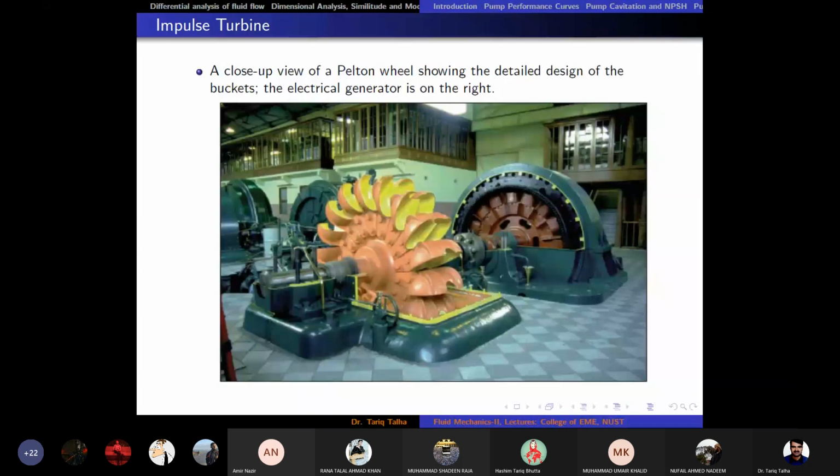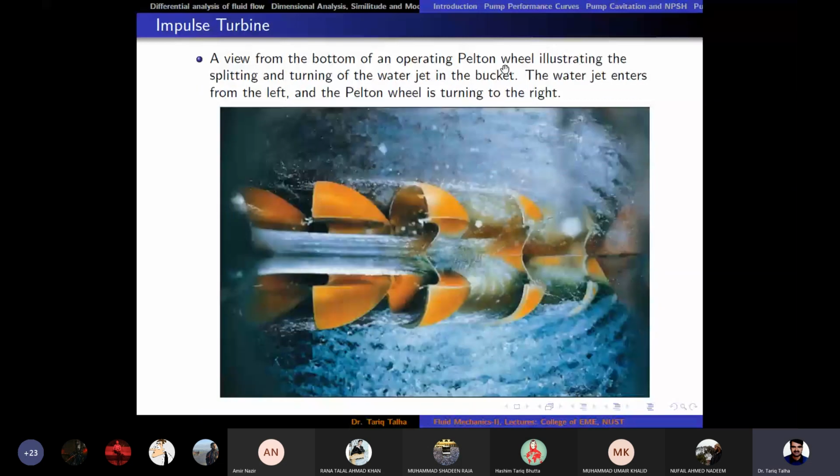This is a close-up view of a Pelton wheel installed in a practical situation. You can see the splitter here very clearly. Then you can also see the cut we are talking about, right? These are practical installations of Pelton wheels. Then a view from the bottom of an operating Pelton wheel shows the splitting and turning of the water jet in the bucket.